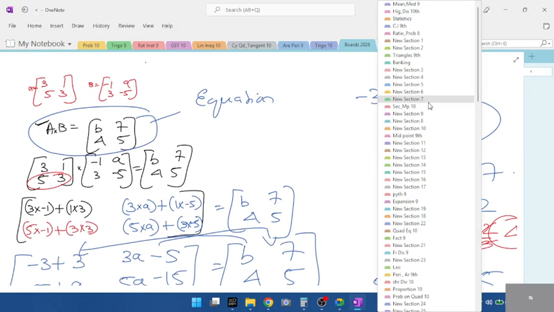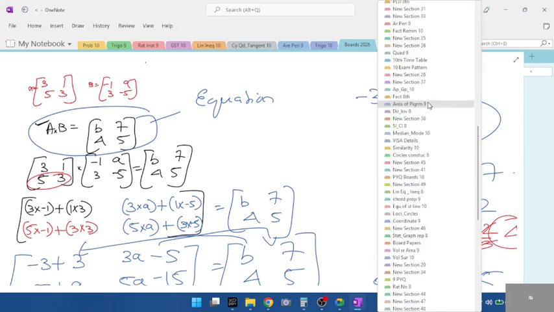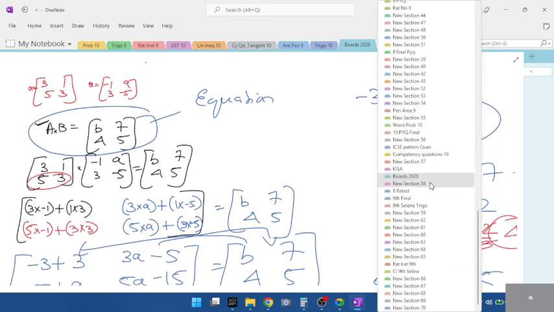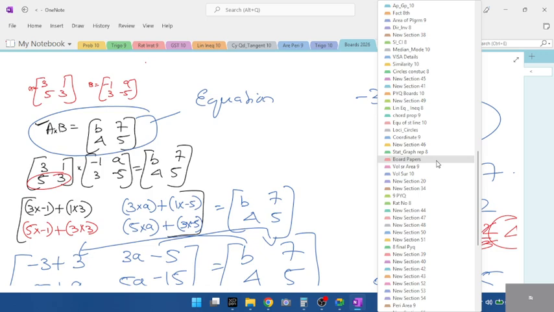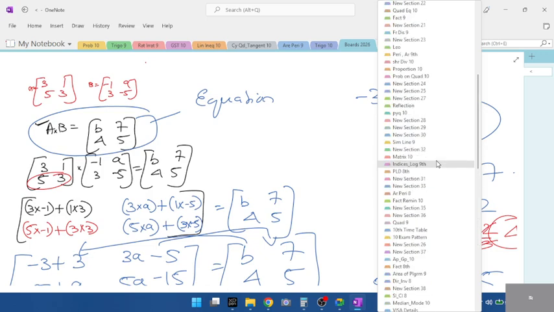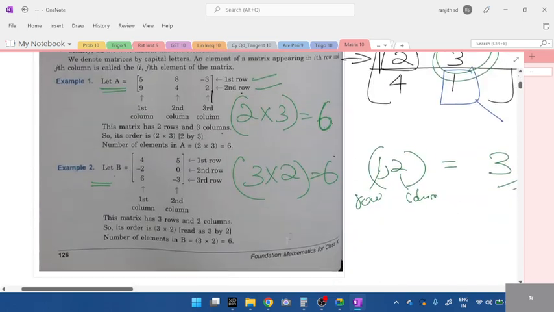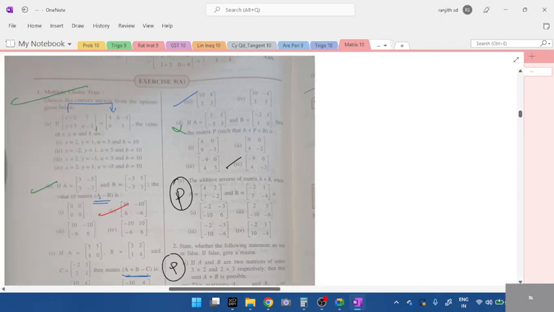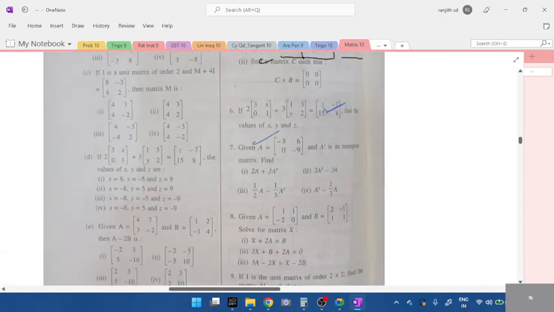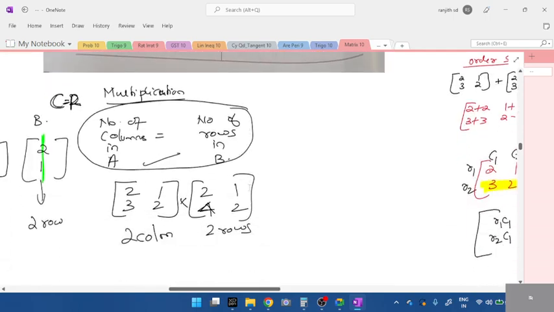Back to your textbook questions. Whatever is given in your textbook, just practice that. That is for your practice. I won't be solving everything, because if you want to complete the entire textbook questions, each chapter will take around 15 to 20 days. We won't be able to solve the complete questions.